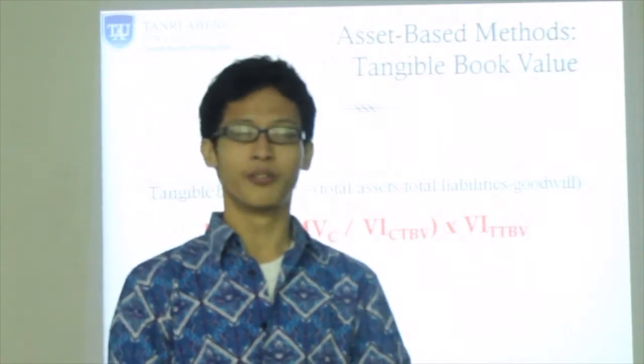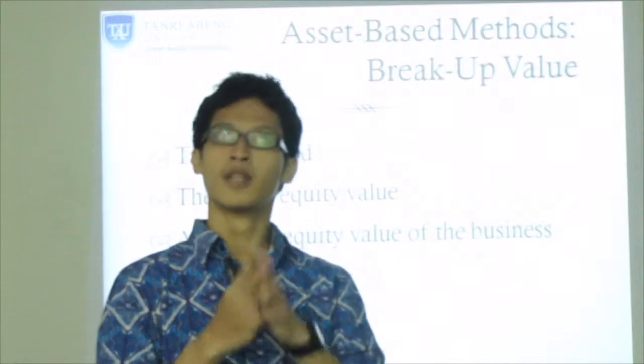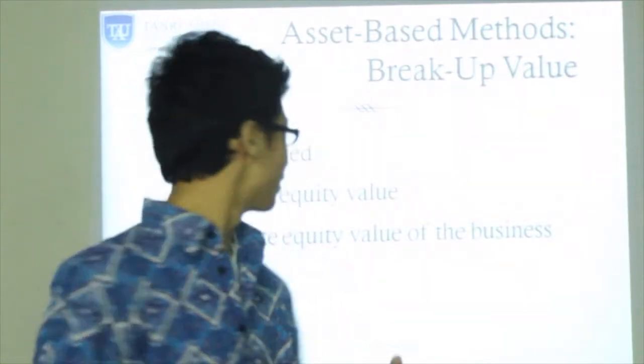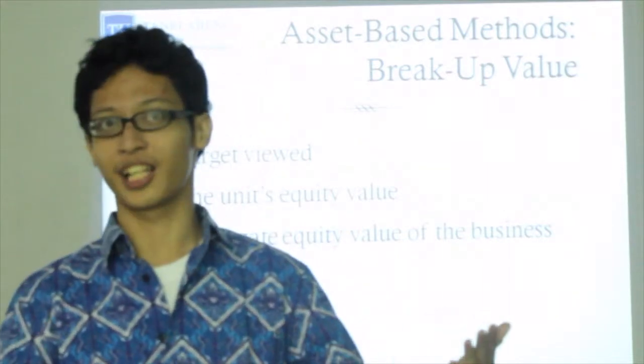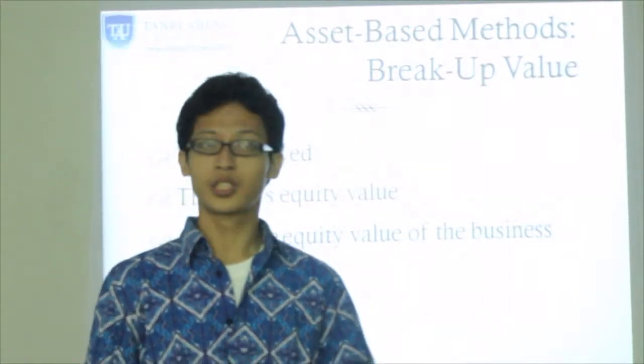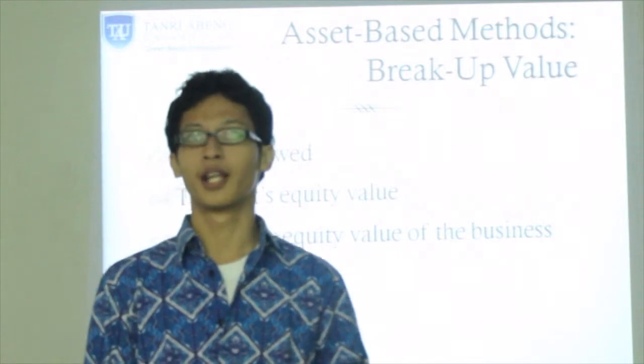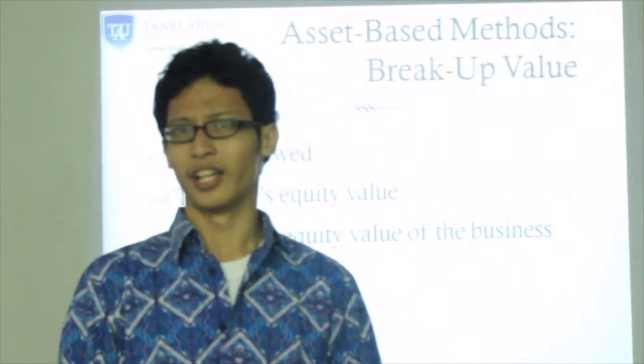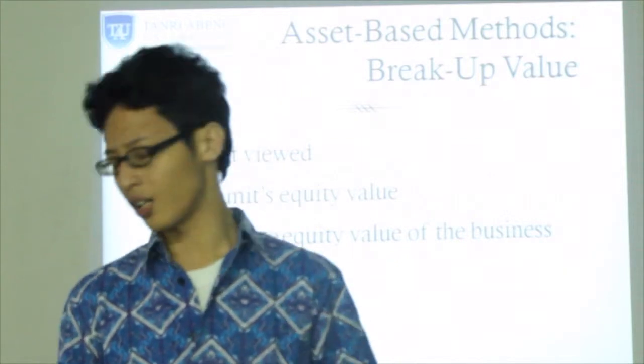And next, we talk about the breakup value. The breakup value has three steps. The first is the target view: the target is viewed as a series of independent operating units whose income, cash flow, and balance sheet statements reflect intra-company sales, fully allocated costs, and operating liabilities specific to each unit.